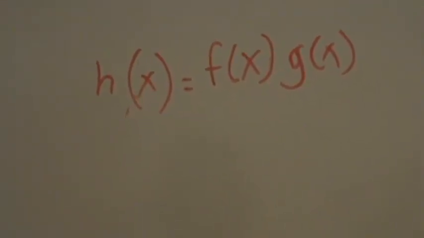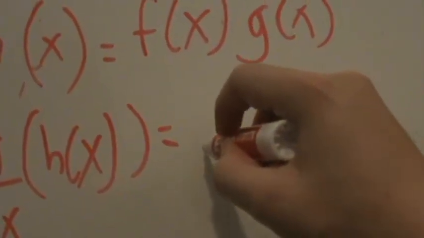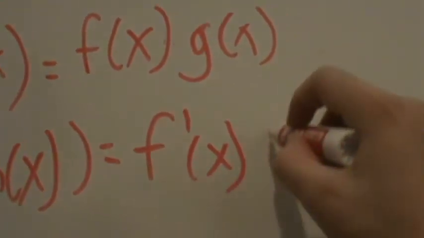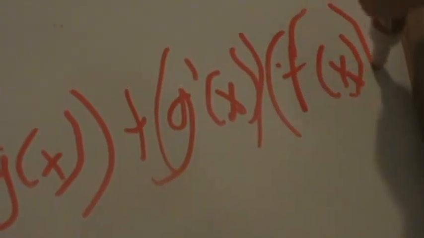This is saying we have a function h of x, and that's equal to the multiplication of two other functions, f of x and g of x, and that the derivative with respect to x of h of x has to equal the derivative of the first multiplier, f prime of x, times g of x, just the function g of x, plus g prime of x, so the derivative of g of x, times just f of x. So this is the symbolic representation.